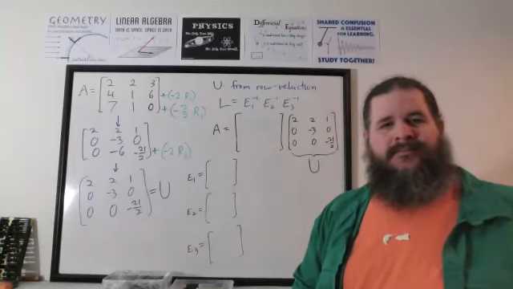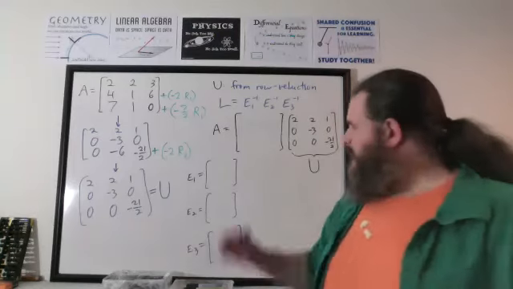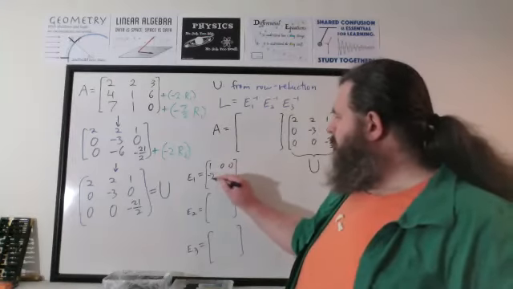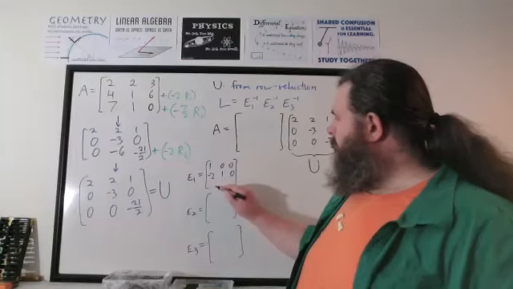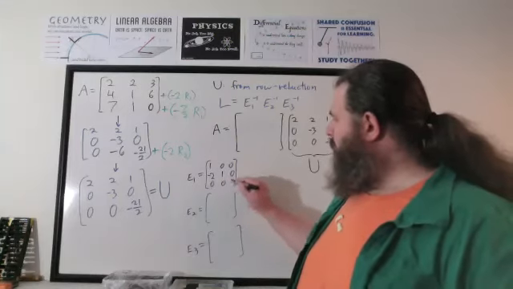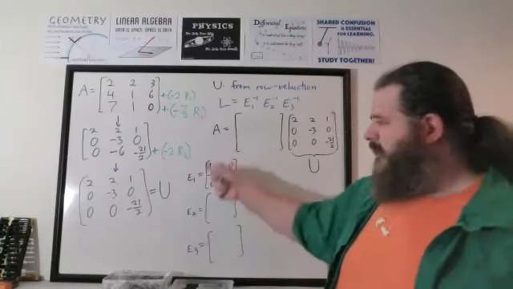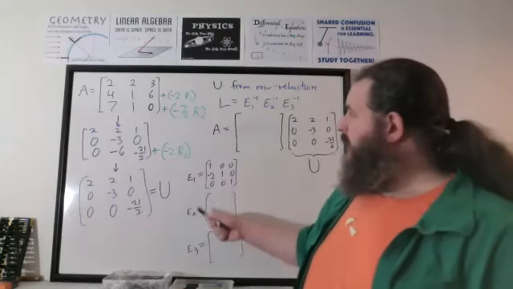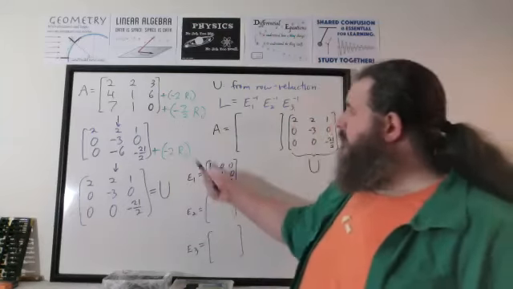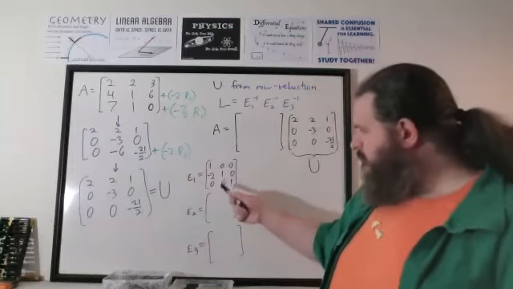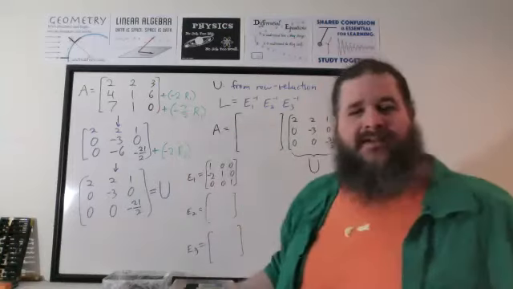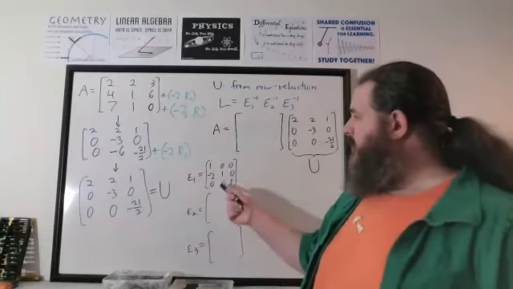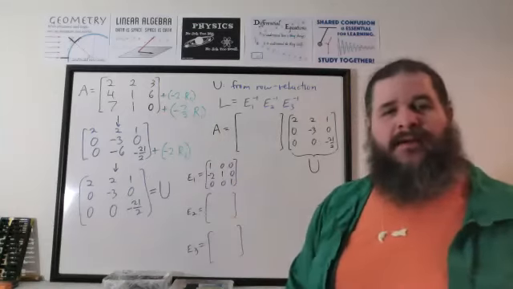One, 0, 0, and then -2, 1, 0, and then 0, 0, 1. Yeah, because that way we just have exactly the identity matrix except with this one modification. So that means the new second row is -2 times the original first row plus the second row exactly as is, plus no information from row 3. So this is the first elementary transform matrix, E1.